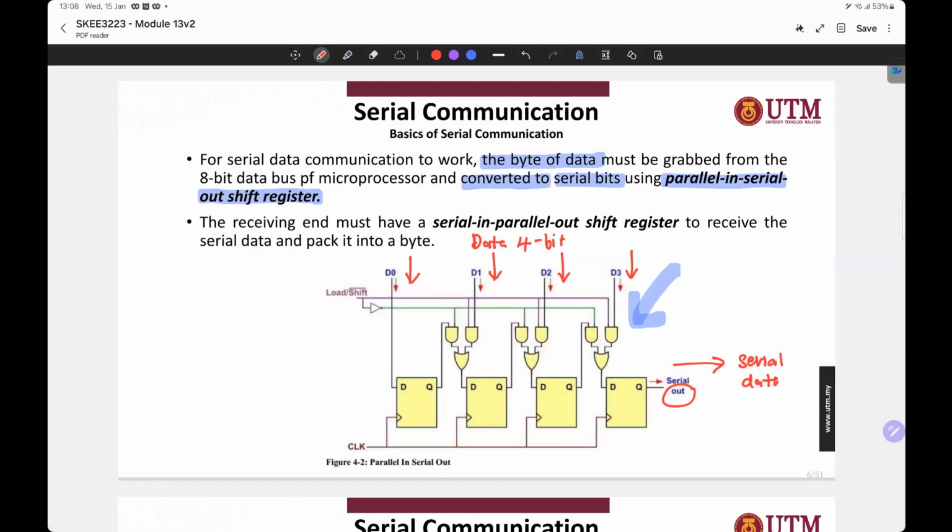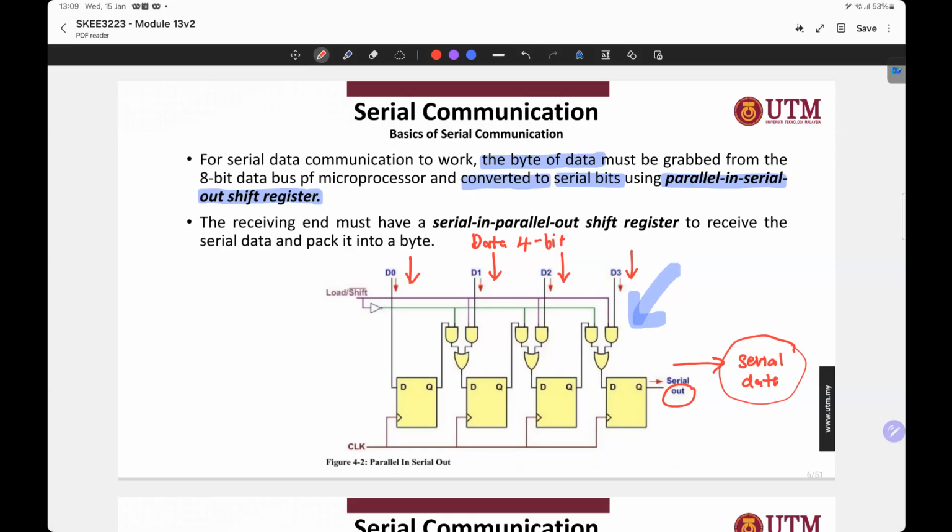Okay, so since the data being sent out over the communication line is serial data, you need to have a receiving end, or receiver, to convert back from the serial to the parallel data, which is from 1 bit of data to 8 bits of data.